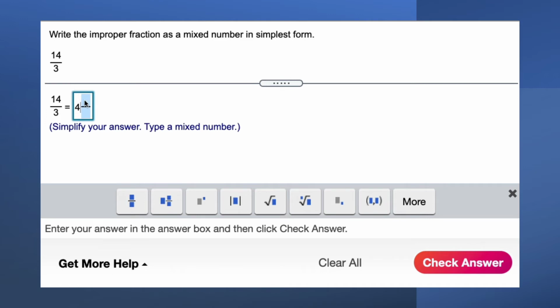Then we'll move the cursor to the numerator position. You can do this by clicking above the fraction bar, or you can select the right pointing arrow on your keyboard to move the cursor. Next, type in a 2, and then move your cursor beneath the fraction bar to type in a 3.